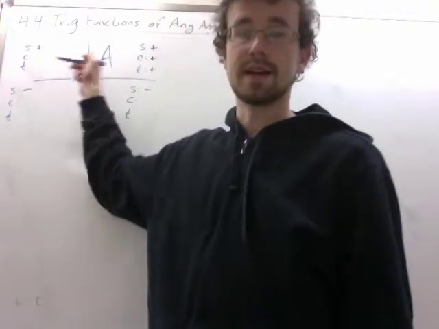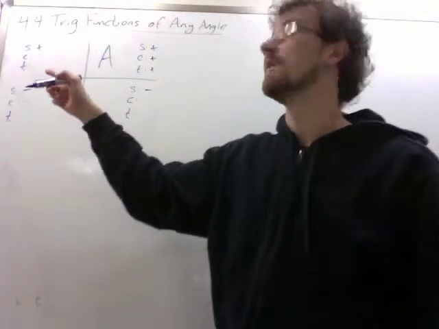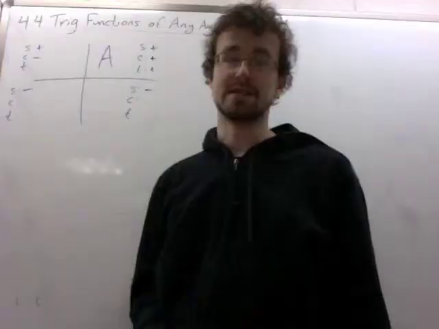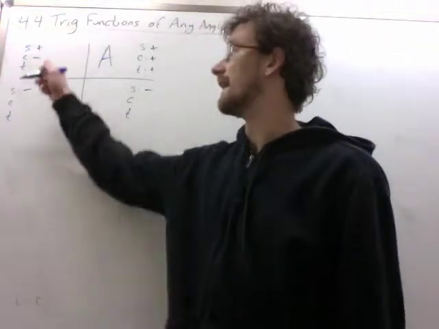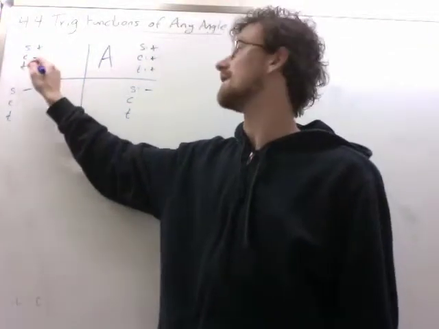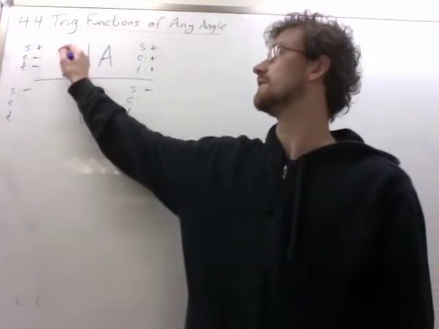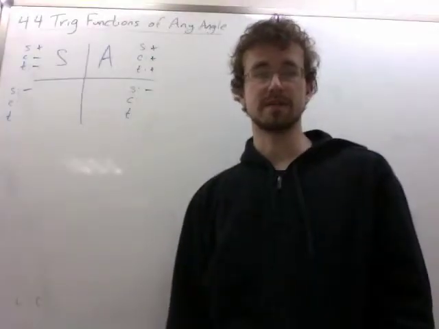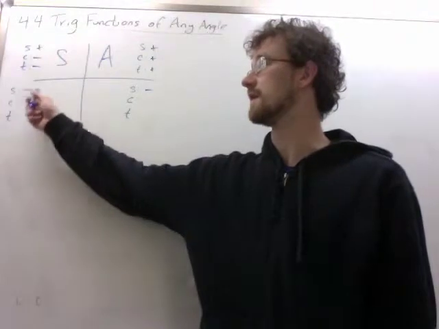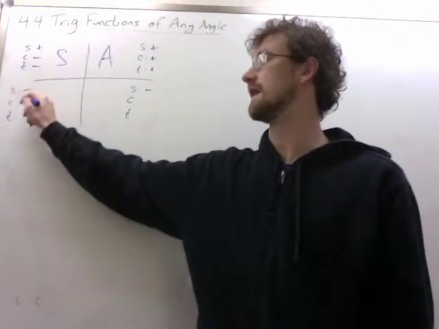Quadrant 2, the x-coordinate is negative, which means that the cosine is negative. And if sine's positive, cosine's negative, that means that tangent is also negative. So in quadrant 2, just sine is positive. In quadrant 3, the cosine, the x-coordinate's negative.